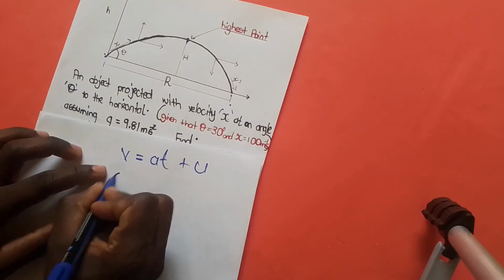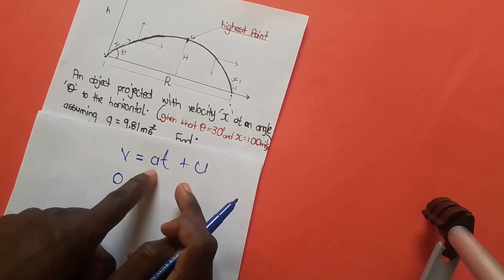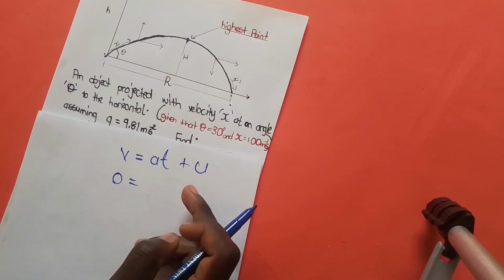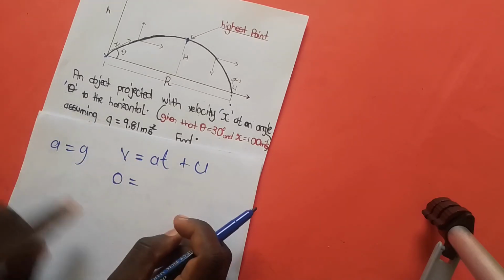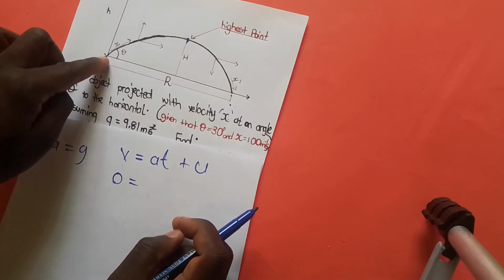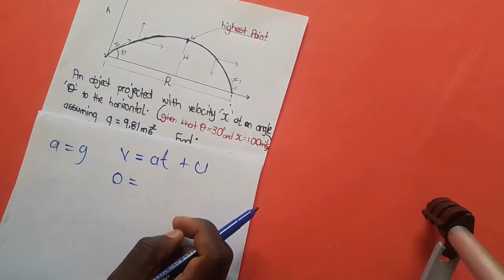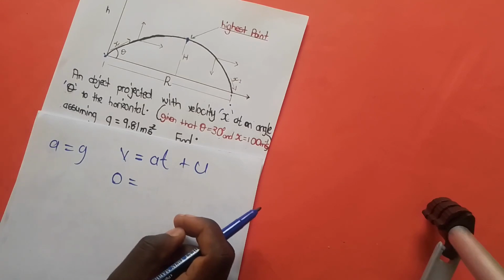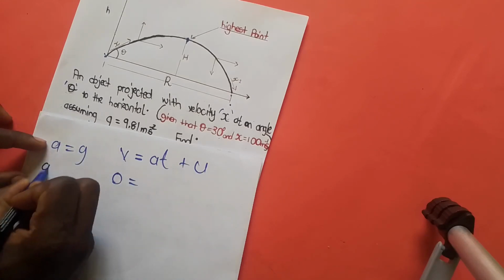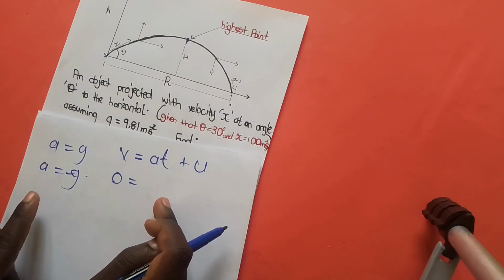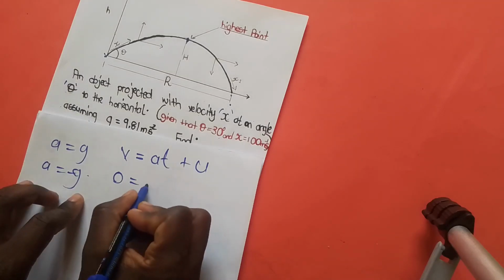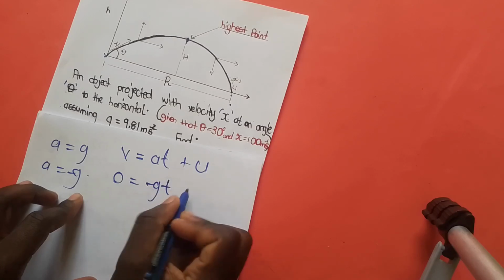So therefore v is equal to 0, and we also know that a is equal to the gravitational acceleration g. But when the object is going up, a is negative, so g is negative. So therefore a is equal to negative g. So we're going to substitute a with negative g. So negative g times the time t plus u.